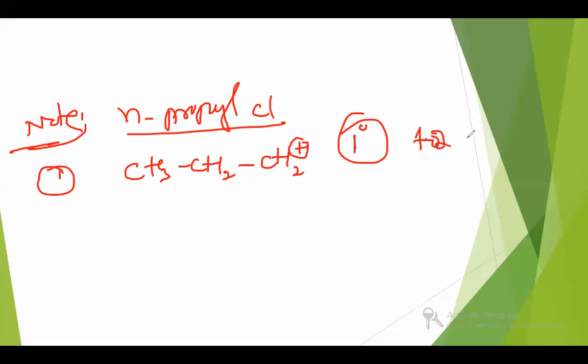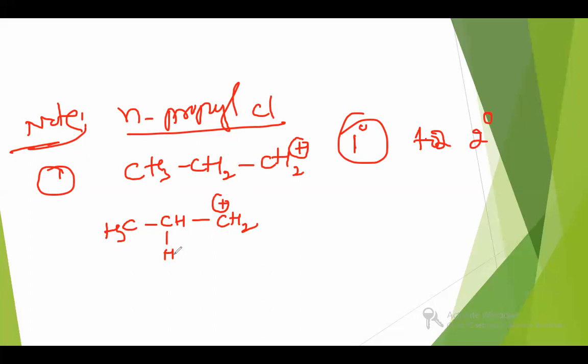For example, if you consider this, I'll write CH3, CH2, CH2 plus. So this is the first, the 1 degree or primary carbocation.